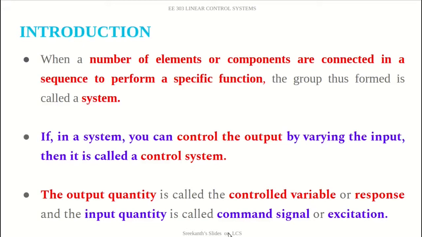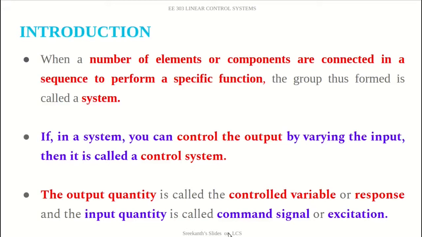If you are connecting some elements or components in a sequence such that it can perform a specific function, that is, you need to accomplish something, and to accomplish that you are connecting certain components or elements in a particular order, and by connecting them in that order you can accomplish that function, then such a group is known as a system.